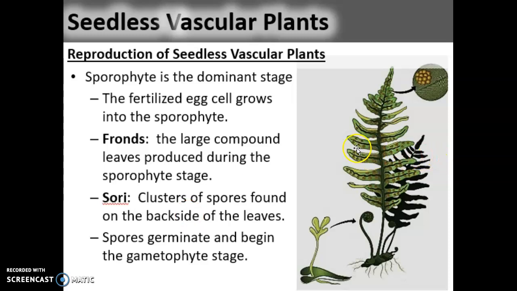And these little dots, when you zoom in on them, are nothing more than clusters of spores. So that's where the spores are contained and eventually released when it comes time for this generation of the fern's life cycle to reproduce. Each spore would then eventually grow into a new gametophyte stage and begin the entire life cycle.